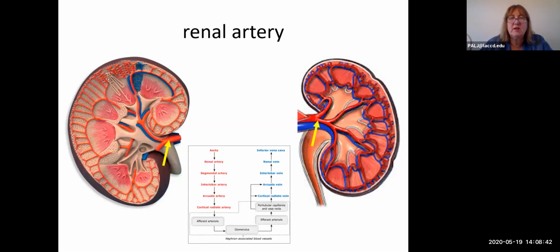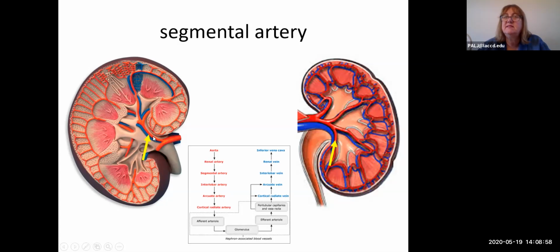So first we start with the renal artery entering the kidney at the hilum. The renal artery in the medulla is going to branch right around the renal pelvis, and that branch is known as a segmental artery. The segmental artery will continue in the medulla until it gets to a renal column.